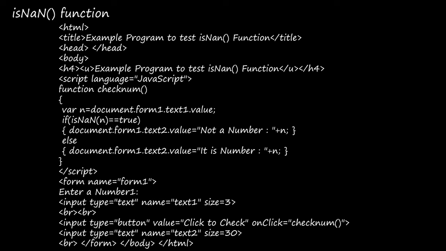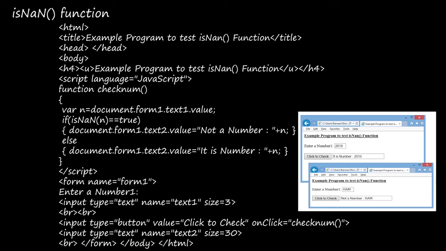Okay, so if you are seeing the output here in page number 334, if you see, first we have given an example program to test isNaN function. Right, here we have given h4. So the fourth heading size, the line is in fourth heading size, and we have given u tag. So the thing is underlined there, and it is bold also, right?